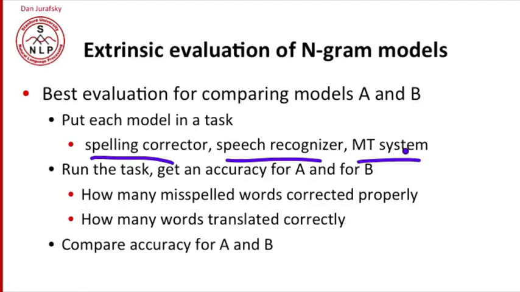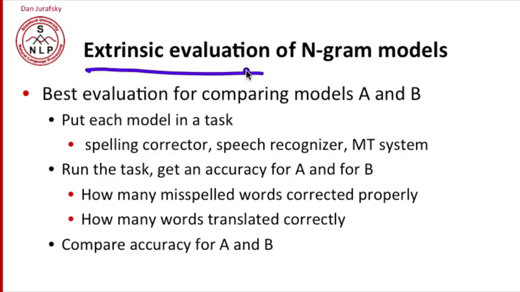And now we just compare the accuracy of the two models. Whichever model has a higher accuracy is the better language model. So this is called extrinsic evaluation. We're using something external to the n-gram model itself and looking at our performance on that external task.